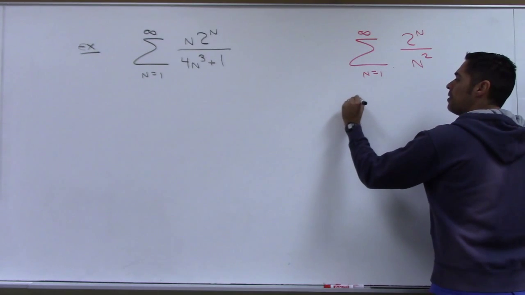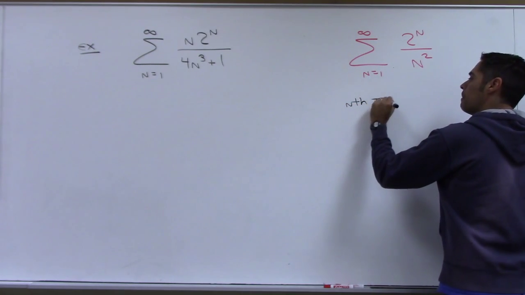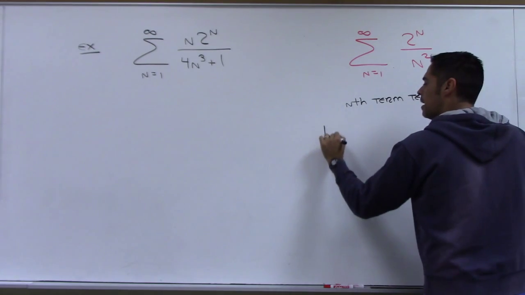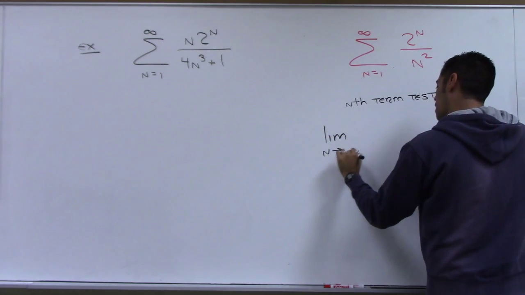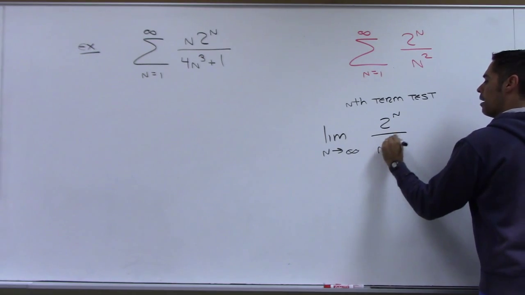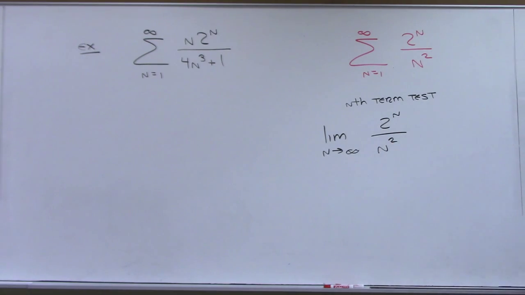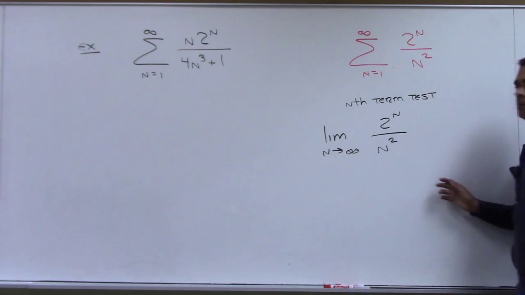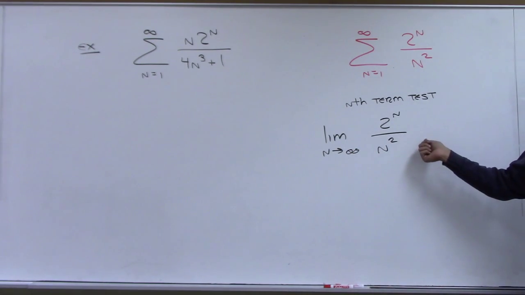Let me see if I can figure out what this one does. How about I do the nth term test on this? So what's the limit as n goes to infinity of 2 to the n over n squared? What am I hoping this turns out to do? To go anywhere except 0, right?